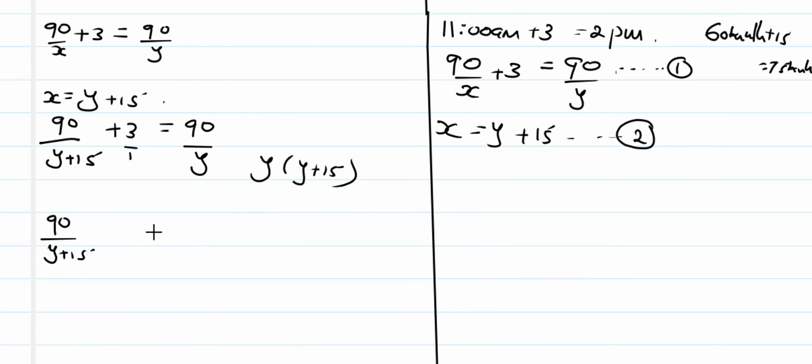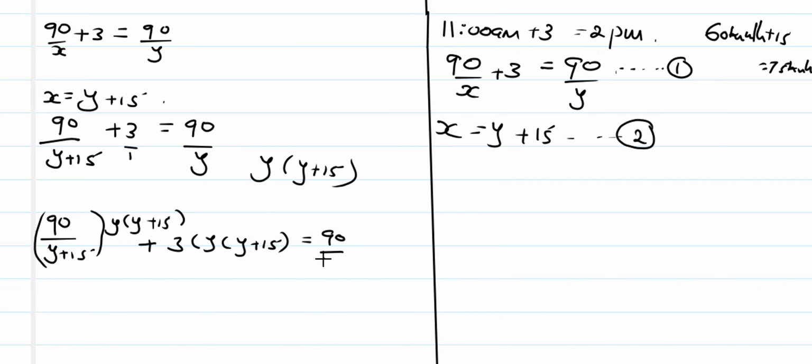But I want to remove these denominators here. So let me multiply the whole of this by y into y plus 15. Then I add my 3, and multiply again by y into y plus 15. And that equals 90 over y, also multiplied by y into y plus 15.